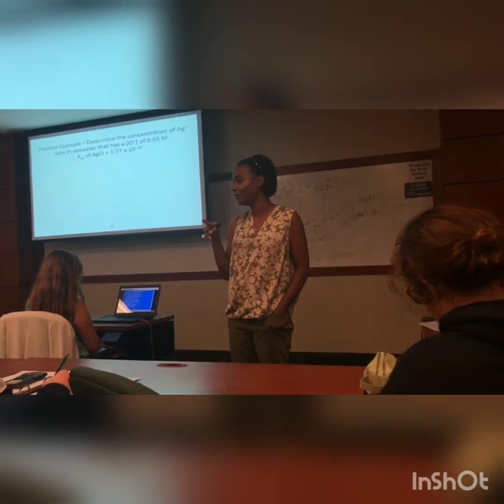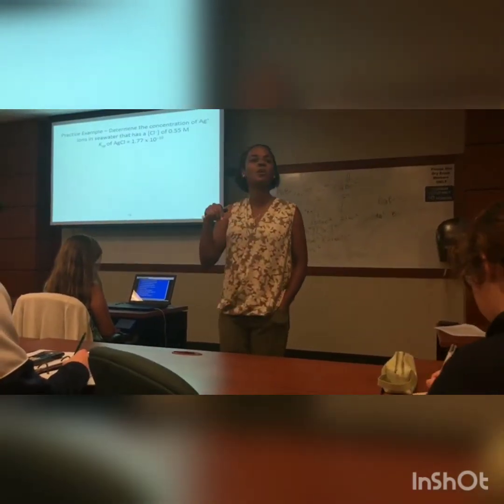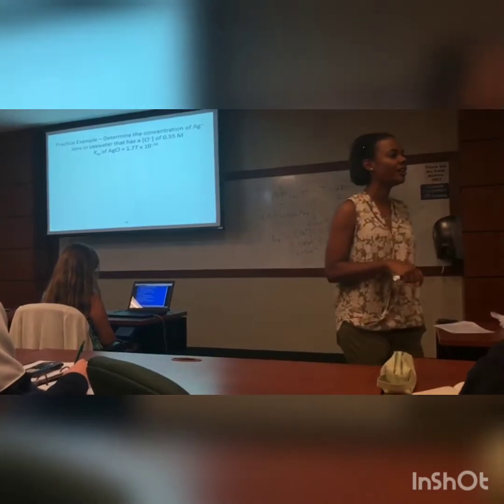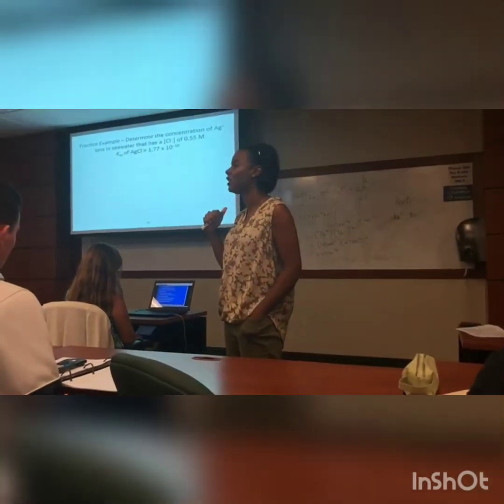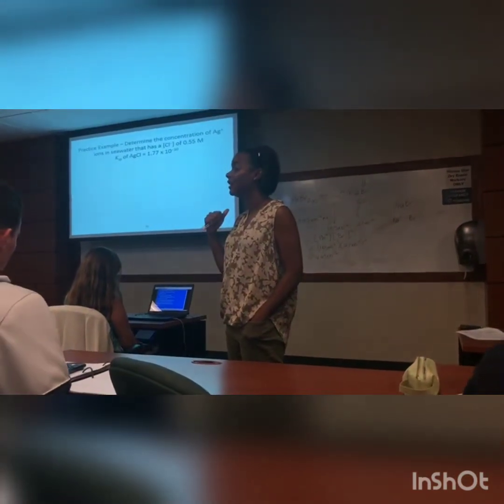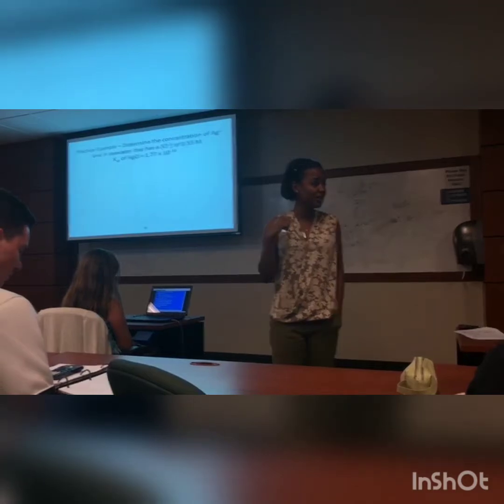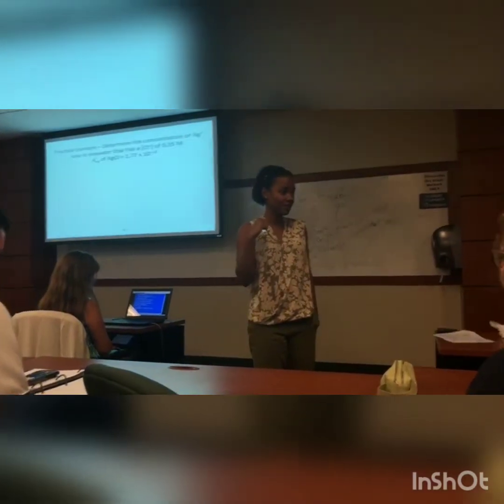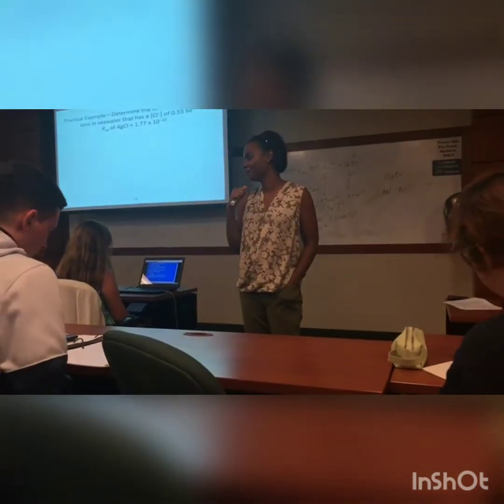You guys remember that? Okay, now we're putting silver chloride instead in seawater that already has chloride ions. We just talked about the effect of common ion on solubility. So solubility should decrease. So you should have a molar solubility less than 1.33 times 10 to the minus 5. Go! You're on the clock.